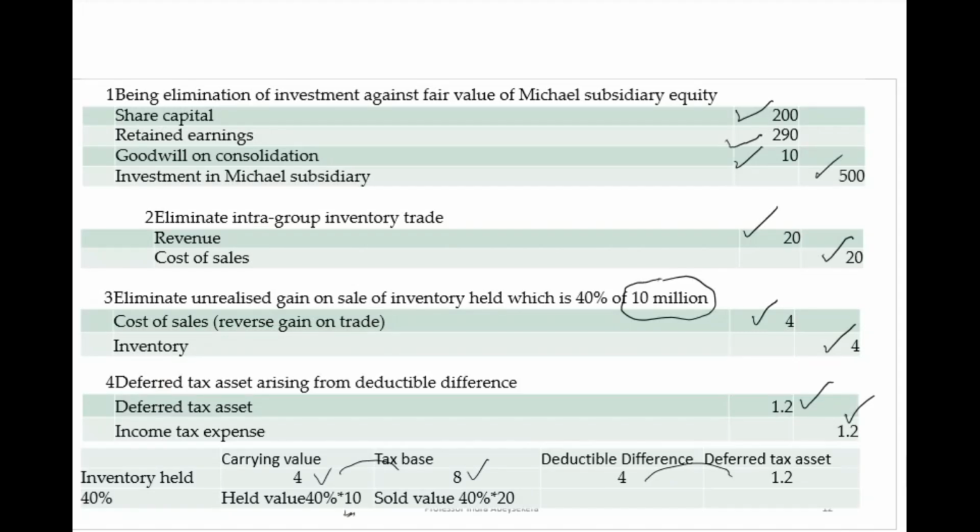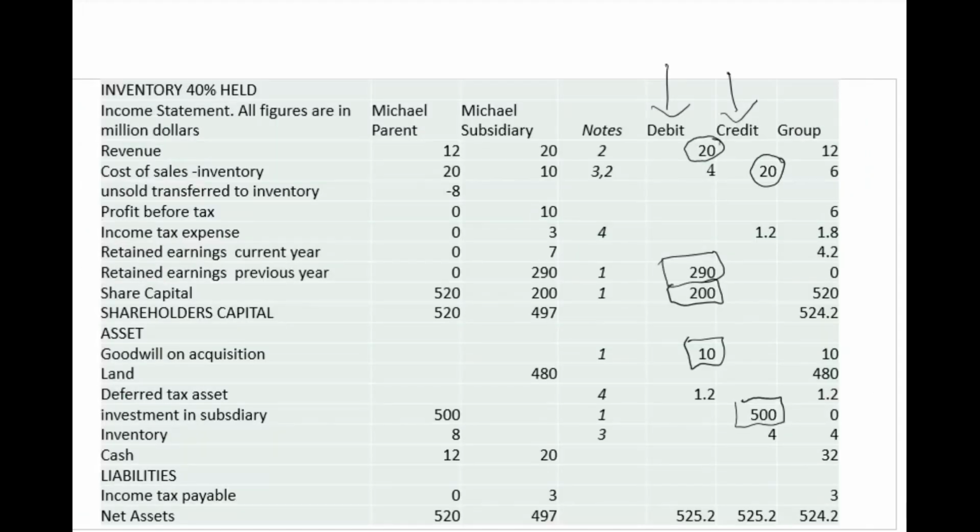Our third journal entry is to eliminate the unrealized gain that is now restricted to 40%, and the total unrealized gain was 10 million, and we need to debit cost of sales 4 million, and we credit inventory 4 million.